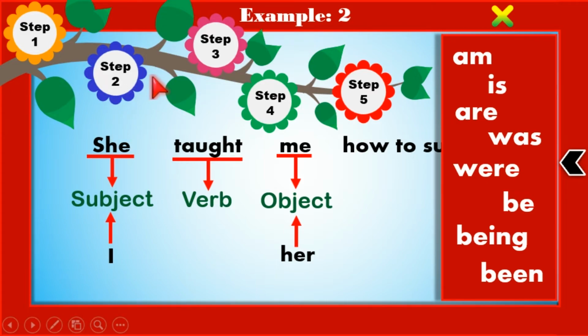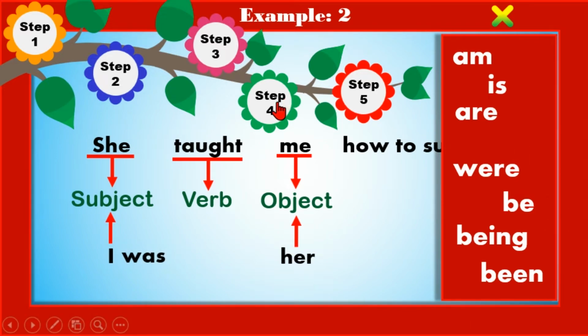If the sentence is in simple past, you use was or were. As you know, was goes with singular, were goes with plural. So here the subject is singular, so you can use was.